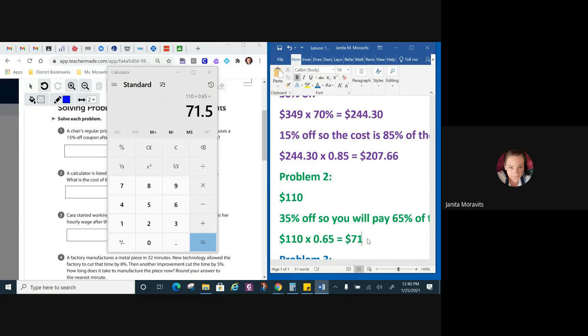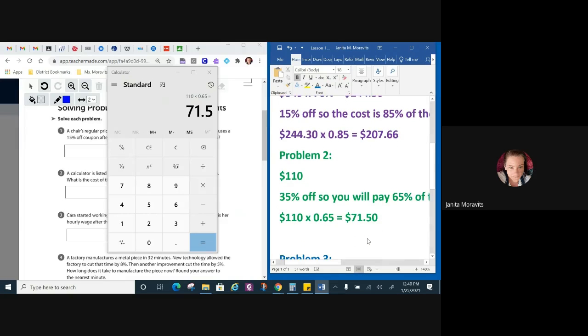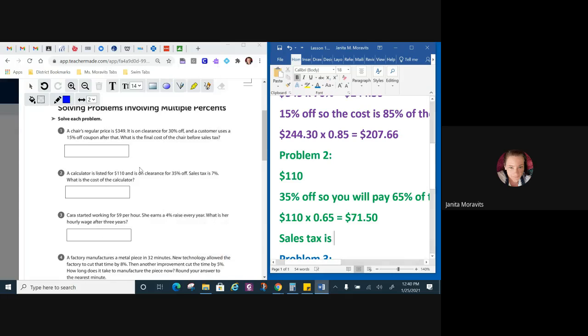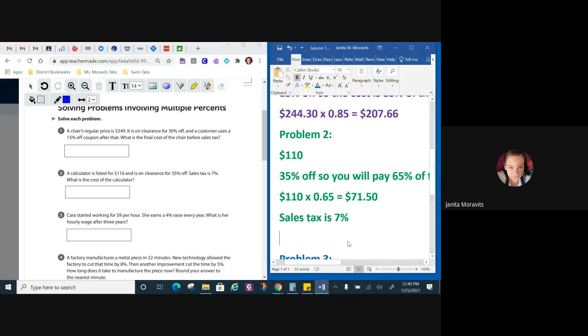So $71.50 is what it costs. Now, you have to pay sales tax. See how much it says the sales tax is? Sales tax is 7%. All right, so let's figure out how much that is.